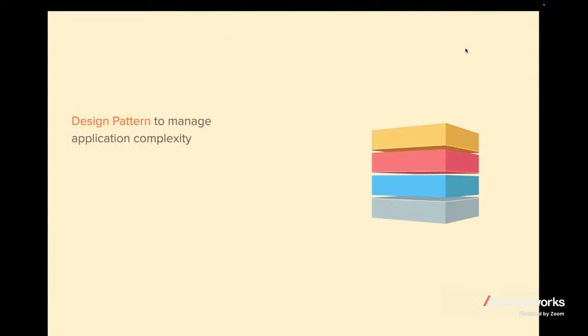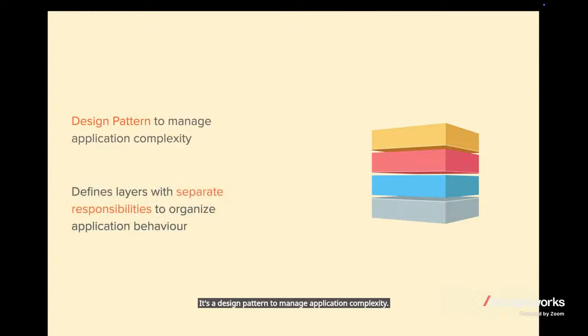It's a design pattern to manage application complexity. The way it does this is by defining layers with distinct responsibilities, where we can organize the application behavior in these separate layers.